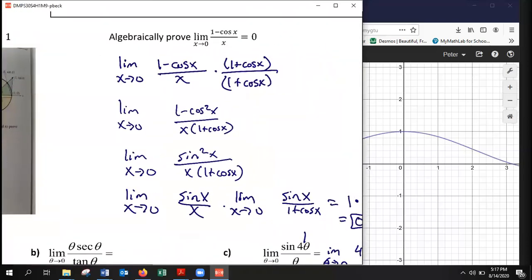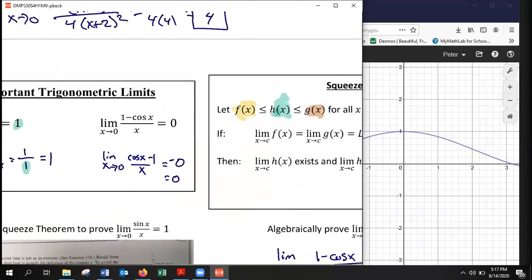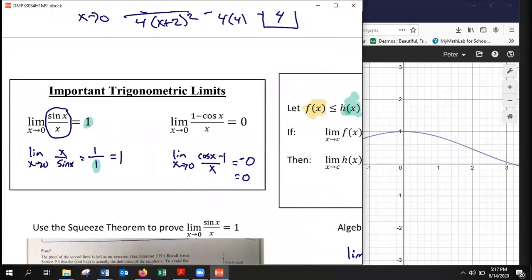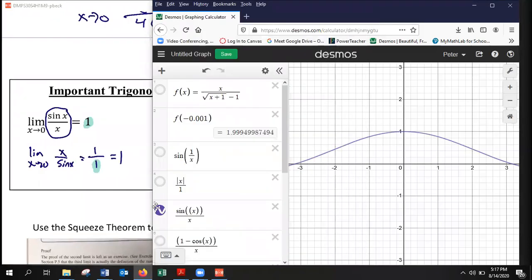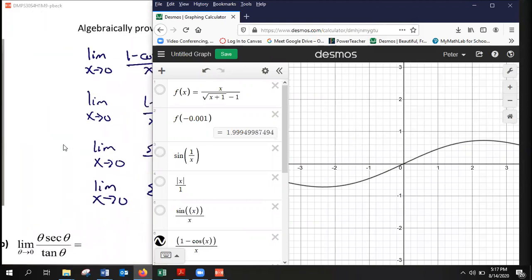So I like to have the algebraic proof of the second one that's important, the 1 minus cosine x over x. Let's go ahead and show that graph just so that you have a little bit more buy-in that that's what the limit should be. That limit should be 0. Now this is an algebraic proof, and I do like the algebra.